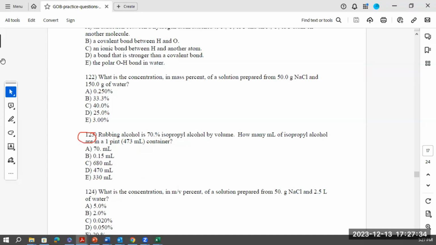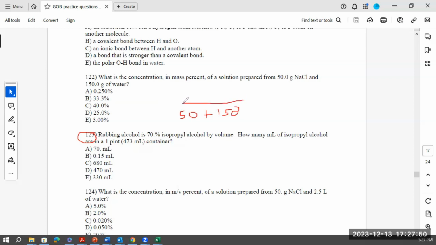That's right. 200 grams of solution, right?